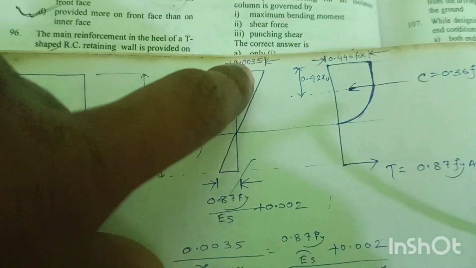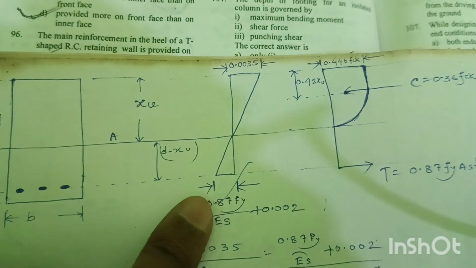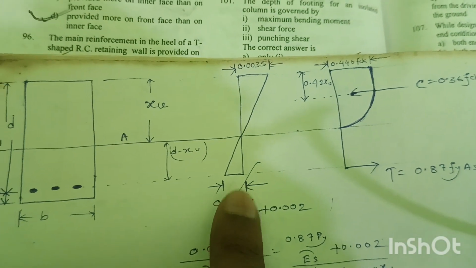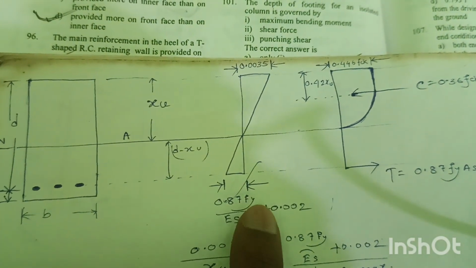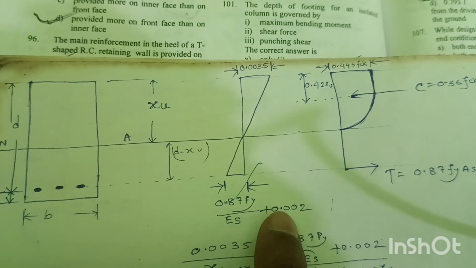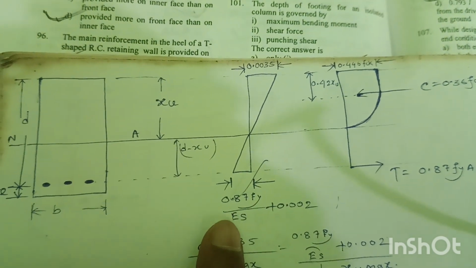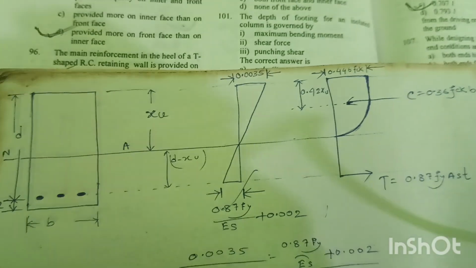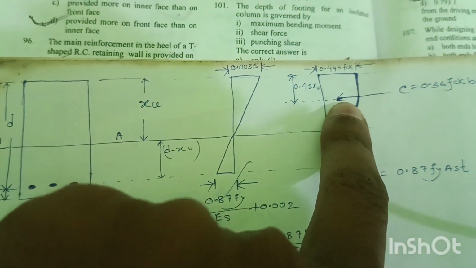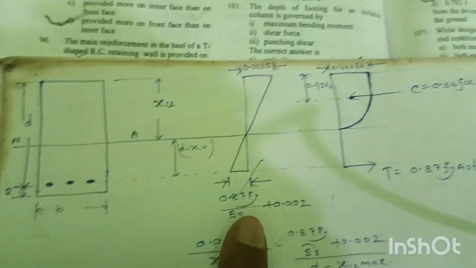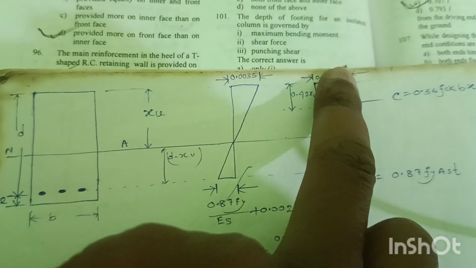The strain at the top is 0.0035 and here the strain for steel is 0.87 Fy divided by Es plus 0.002. Es is the Young's modulus of the steel, and this is the stress diagram for this section.